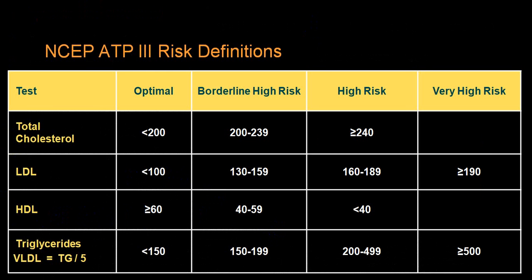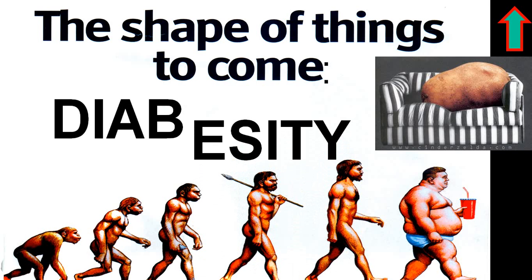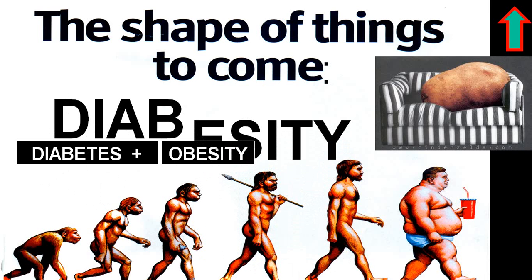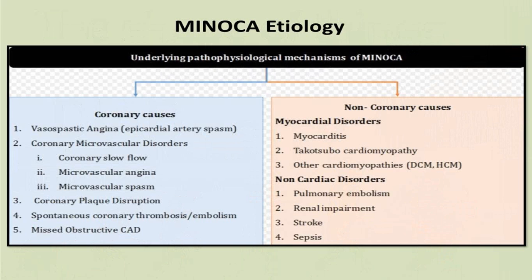This shows you the normal level, what you require, the optimum level. If they are elevated, we call it borderline risk, high risk, and very high risk. So after doing a lipid profile, you should try to identify the risk factors. When diabetes is combined with obesity, we call it diabesity, or cardiometabolic syndrome, or metabolic syndrome.